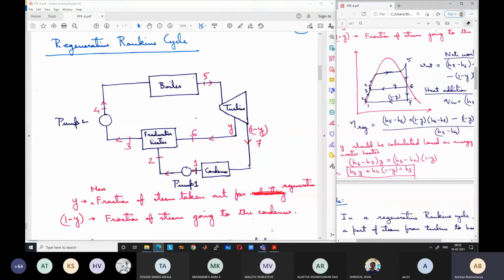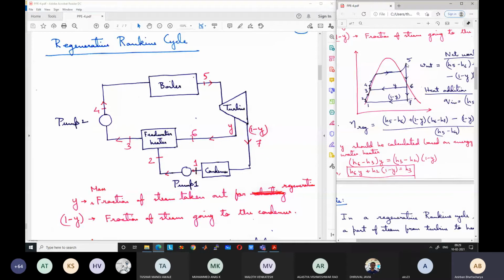Now, after the mixing in the feed water heater, how does the mixing occur? The water at state 2 is passed through the feed water heater. It is at the intermediate pressure of the feed water heater. Now, along the turbine expansion, what is happening in the turbine? The pressure gets reduced from 5, where we have very high pressure, to 7, where the pressure is very low.